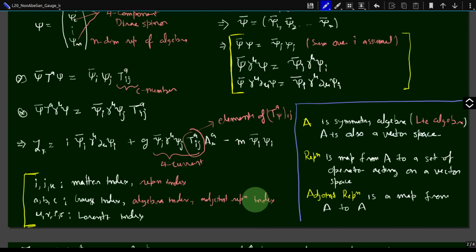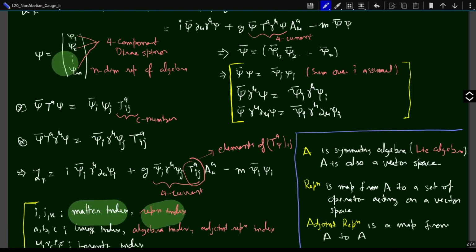So here I want to just emphasize that certain notation that we are going to use. When I say I, j and k, they will be called the matter index or the representation index, which is the index with which the components of the fermion or the scalar will be labeled. Okay, so here we have fermion. So psi I means component I or j is a component of this multiplet. Okay, and since this multiplet is a representation of algebra, it is also called representation index.